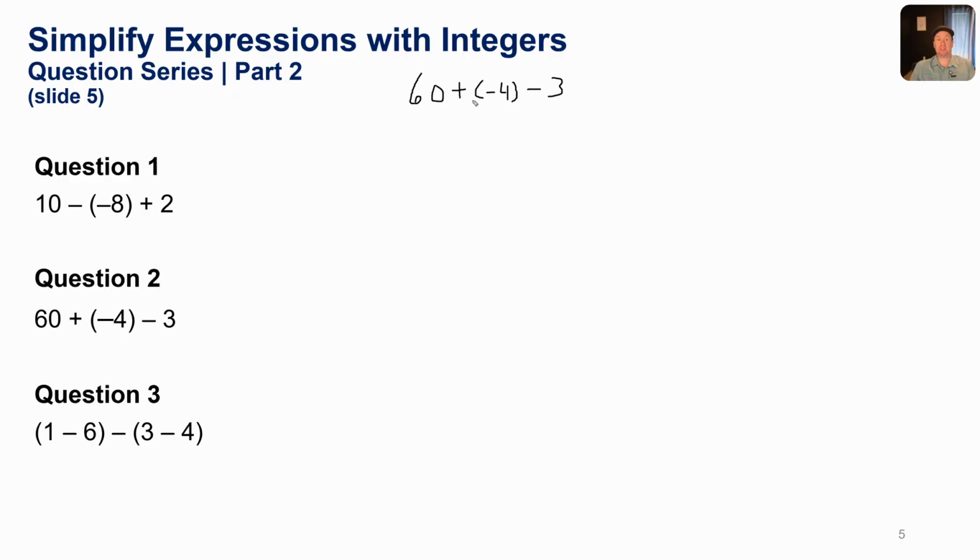So this is the same as you spending money essentially. So you're subtracting $4 away from your debt. In fact, if you wanted to just use a single sign, you could write this as 60 minus 4 here, minus 3 if you wanted to, right? So 60 minus 4 is then 56 minus 3, and 56 minus 3 is 53.